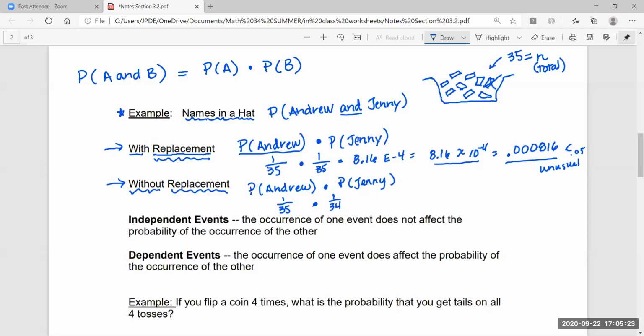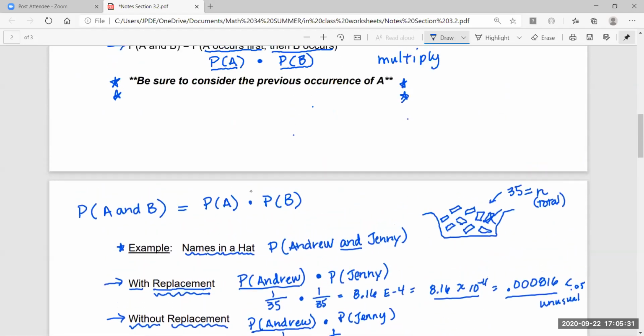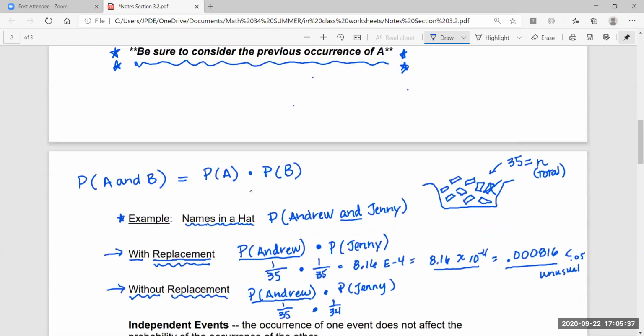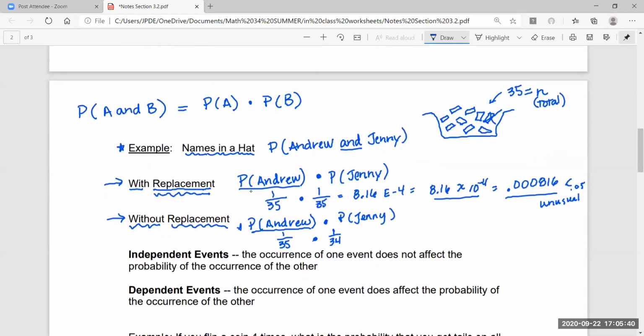So the total changed because when we took this first name out, we did not replace it. We did not put it back. And if you look up here, this part right here said, be sure to consider the previous occurrence of A. So since this happened, it changed this probability. Now we'll take 1 out of 35 times 1 out of 34.